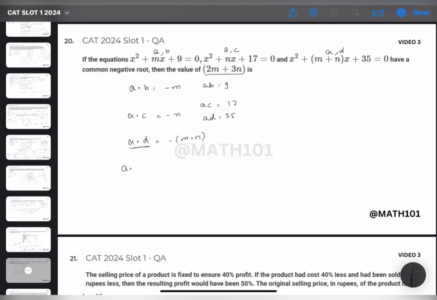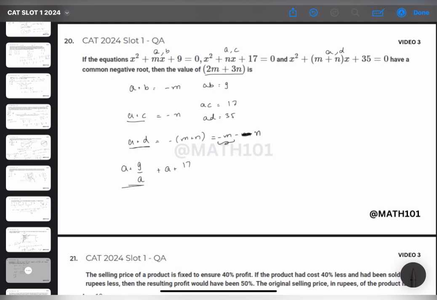So a plus 9 by a is equal to minus m. This thing is equal to minus m minus n. So minus m minus n, I substitute this value as minus m. Minus n is a plus c. C is 17 by a.